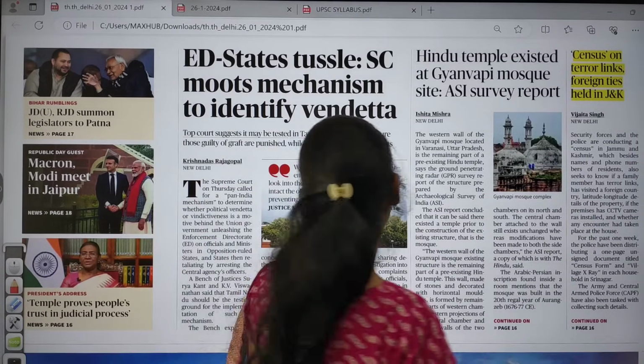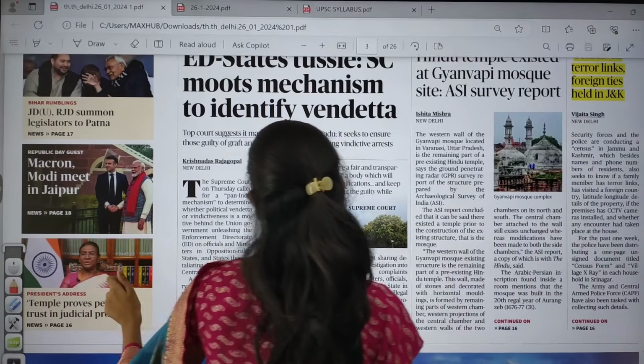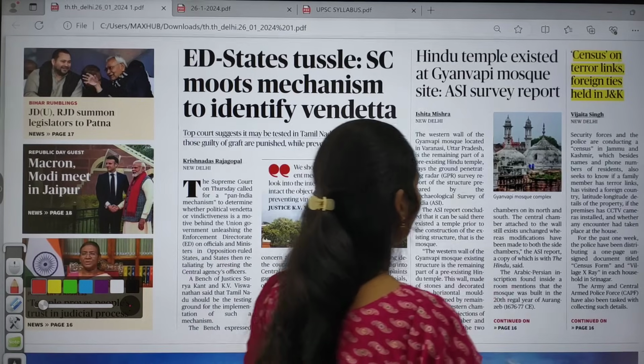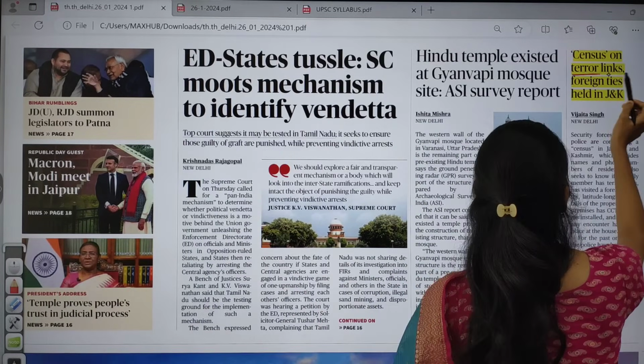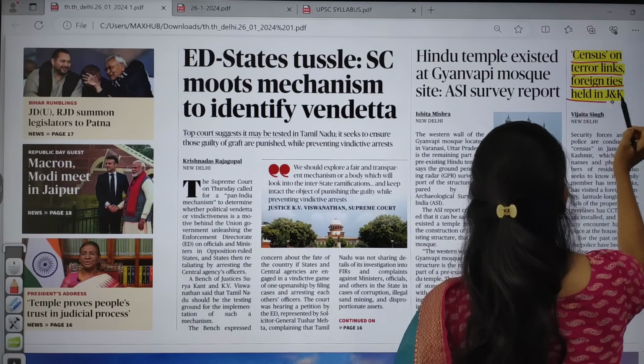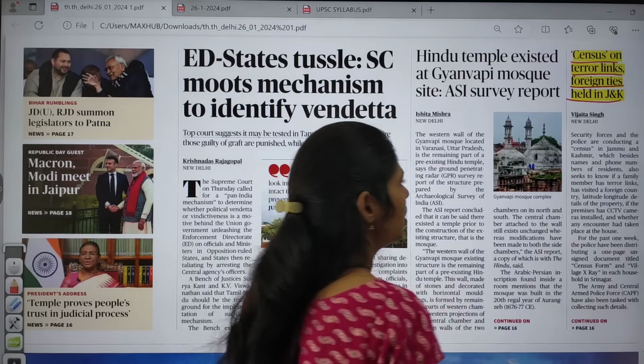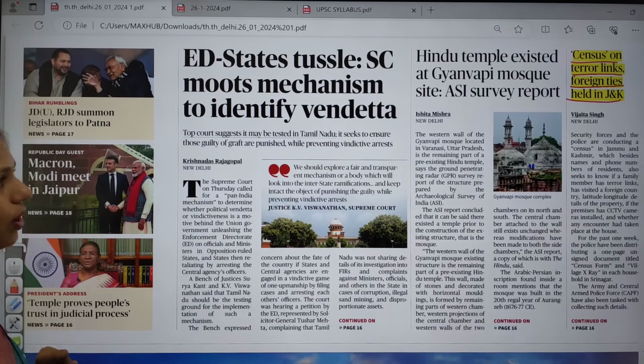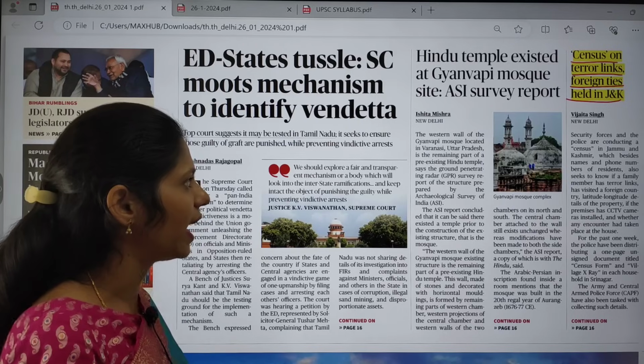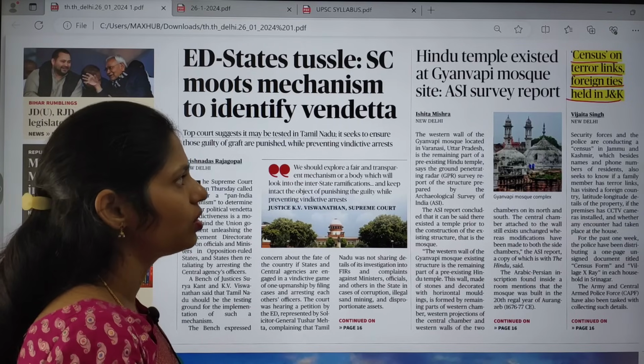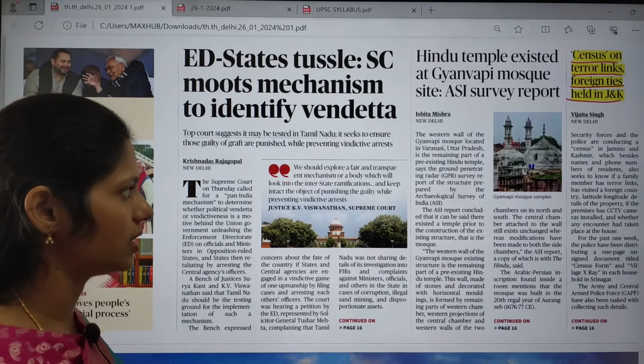So the first important article is "Census on terror link, foreign ties held in Jammu and Kashmir". This article is talking about the census and linking it with foreign ties and terror links in Jammu and Kashmir.